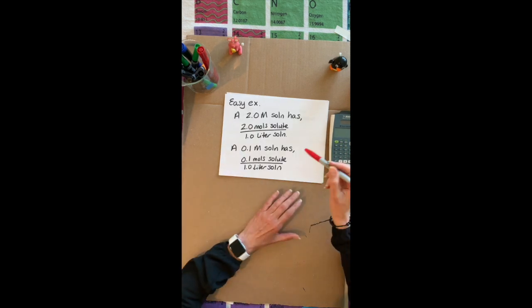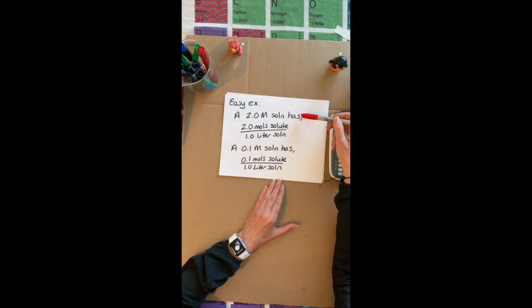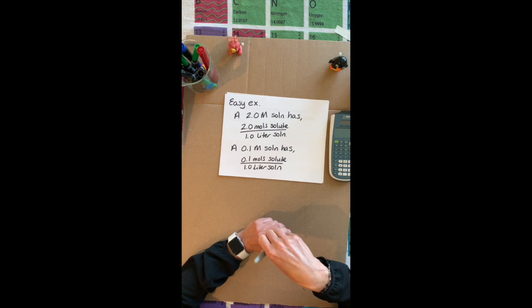So here's some easy examples of molarity. A 2 molar solution has 2 moles of solute per 1 liter of solution. A 0.1 molar solution has 0.1 moles of solute per 1 liter of solution.